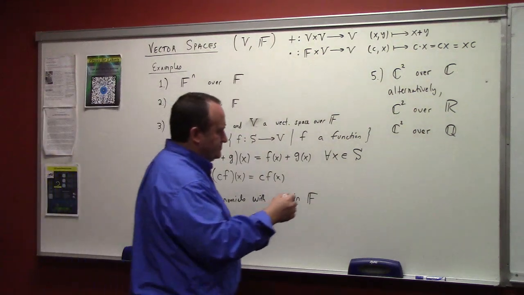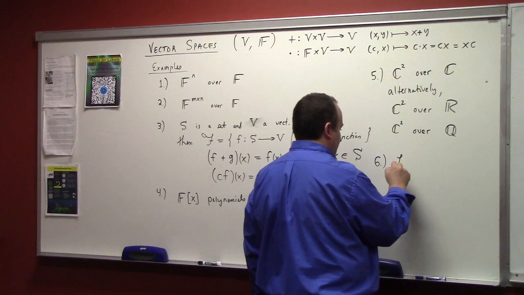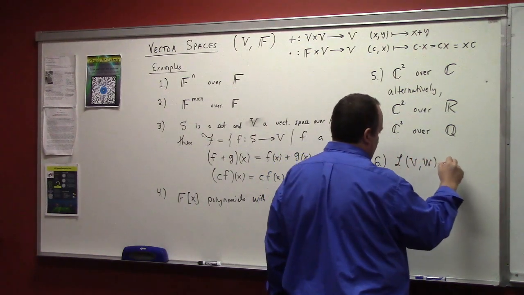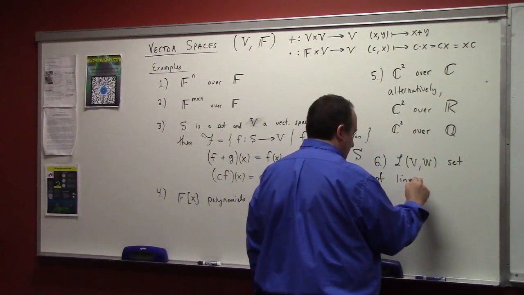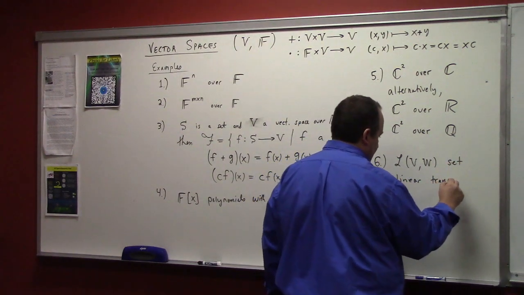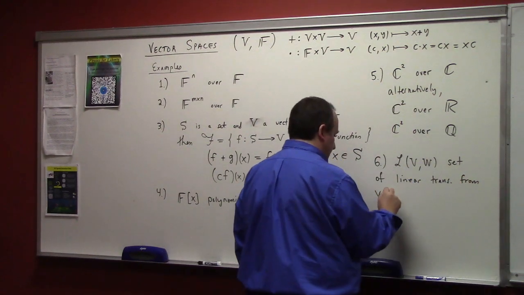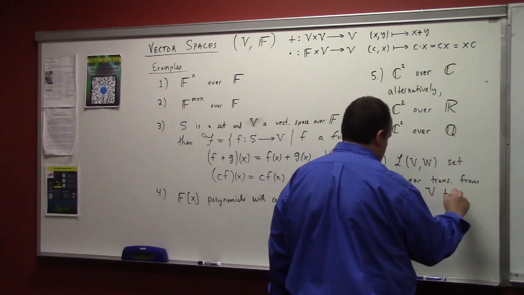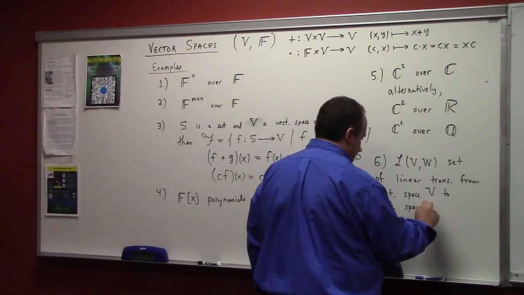And then, of course, the other sort of more specialized example would be L(V, W), the set of linear transformations from vector space V to vector space W, right?